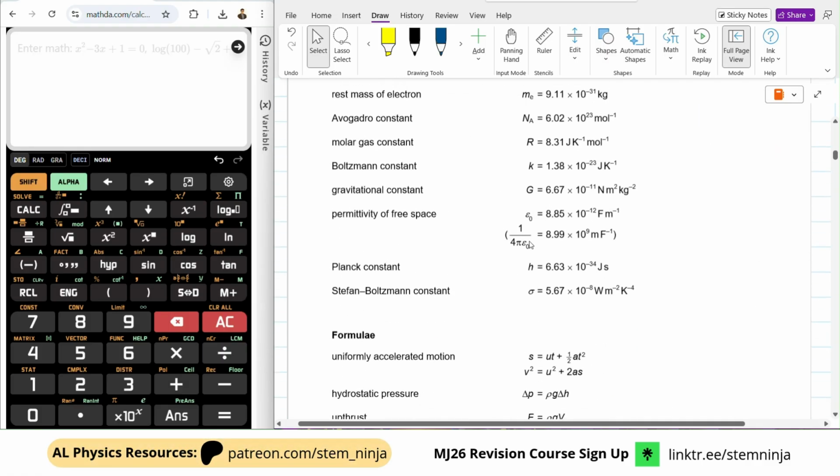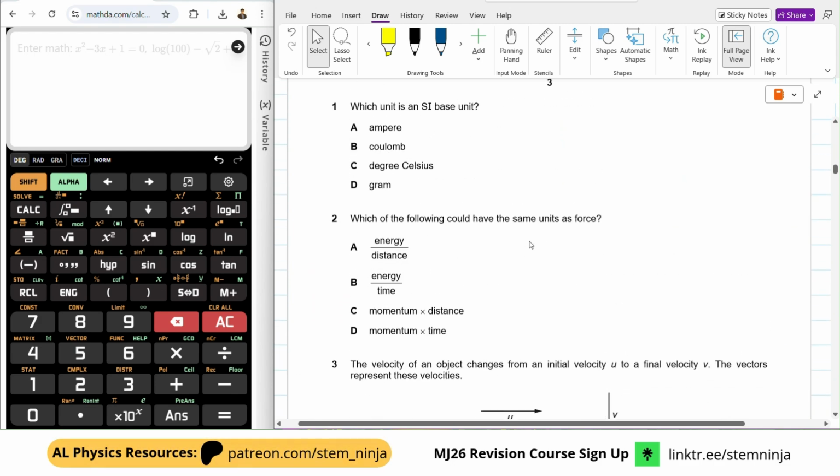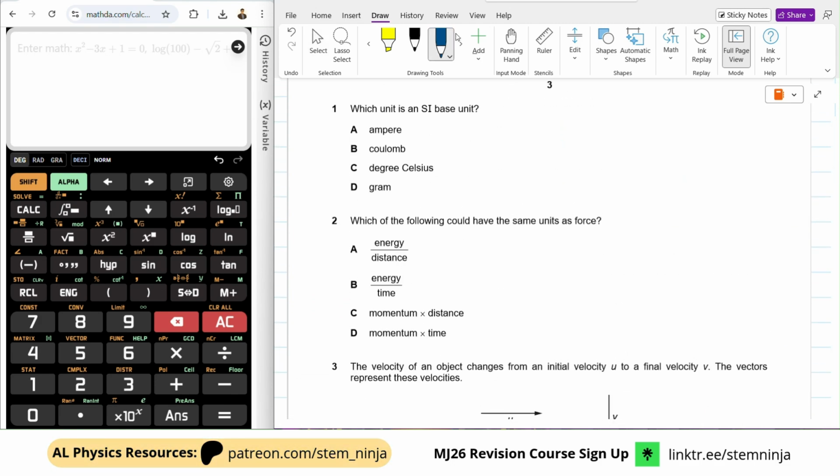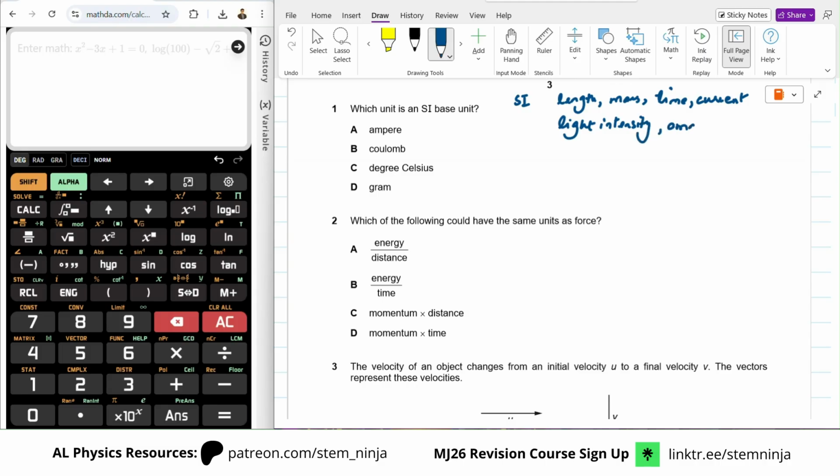Now, let's see this paper. Which unit is an SI base unit? So we know SI base quantities are length, mass, time, current, light intensity, amount of substance, and absolute temperature.